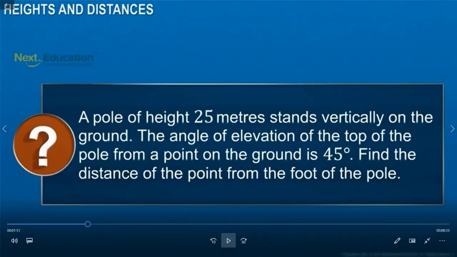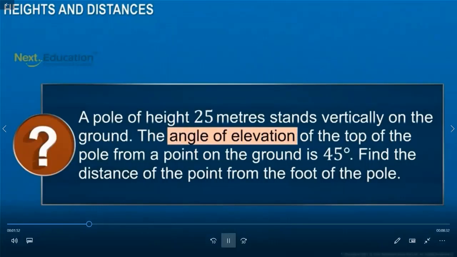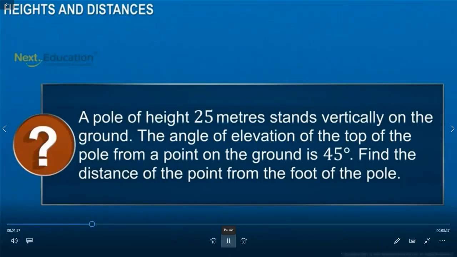Just draw the diagram and see if it matches with the actual one or not. The angle of elevation of the top of the pole from an observation point on the ground is 45 degrees. We have to find the distance of the point from the pole.